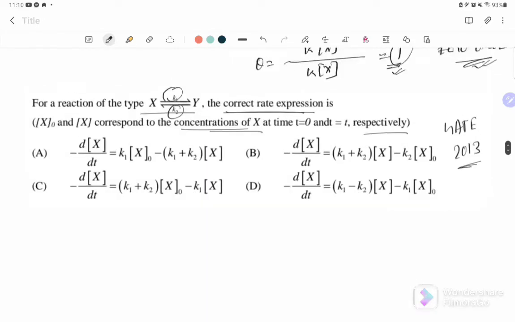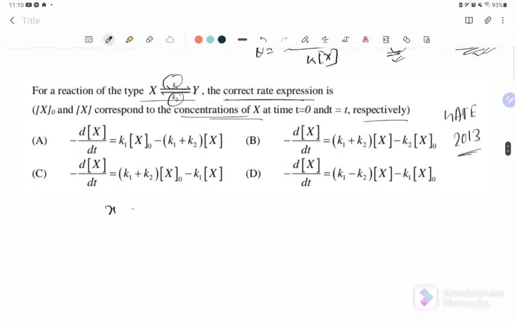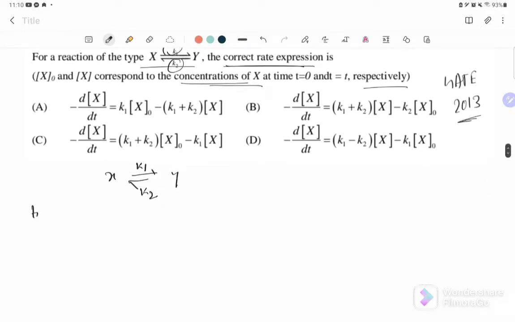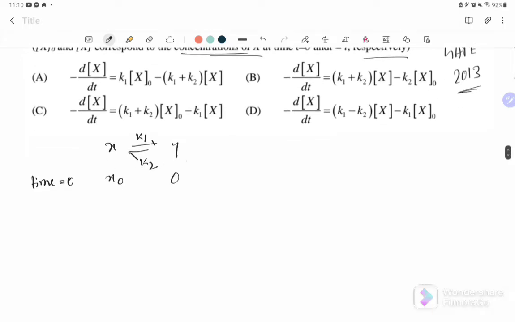So X to Y, this is given, k1 is the forward rate constant and k2 is the backward rate constant. At time t equal to 0, the concentration of X is x0 and Y's concentration is 0.